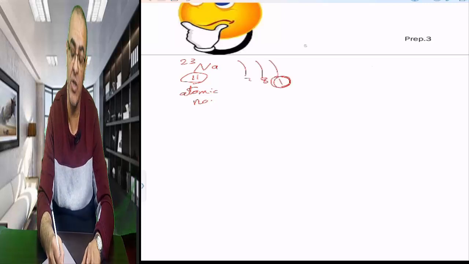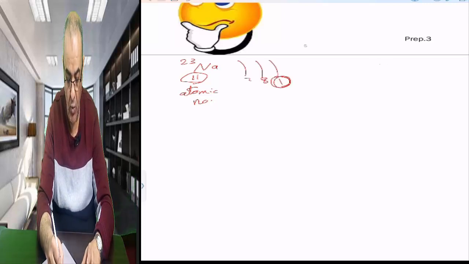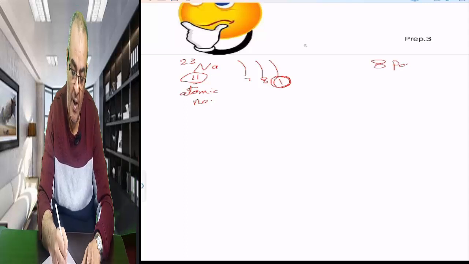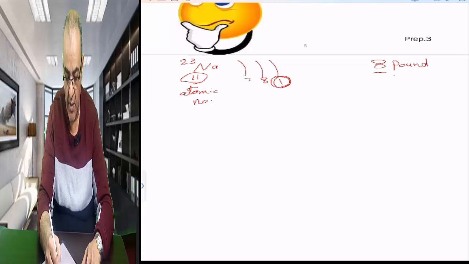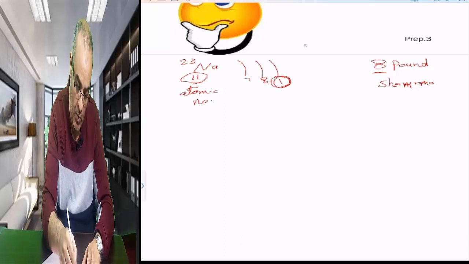Imagine we have a shawarma sandwich. It costs 8 pounds. You have 1 pound of the cost of this shawarma. I know most of you like shawarma.